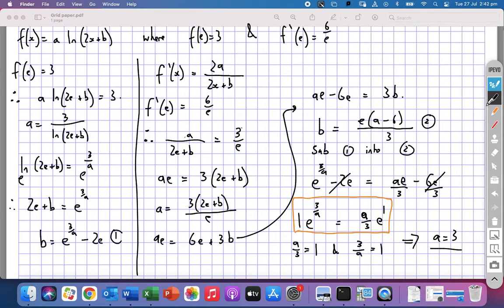The procedure that I'm following is, after I've substituted numbers in, I'm generally trying to look for an equation where I've got an A equals something or a B equals something. I didn't particularly want to work with the A equals because of the logs that were there. And I did the same thing here. I had an A equals, and I ended up with a B equals.